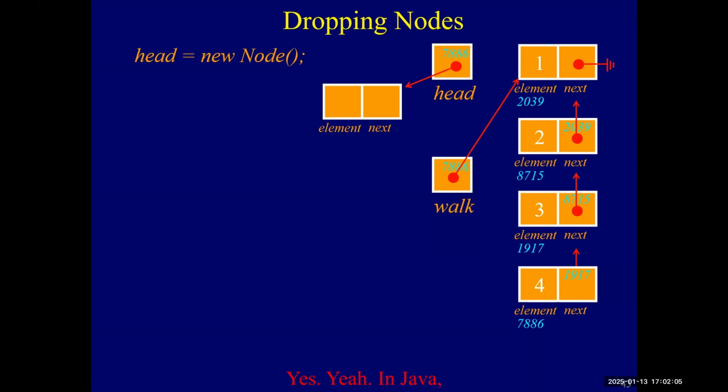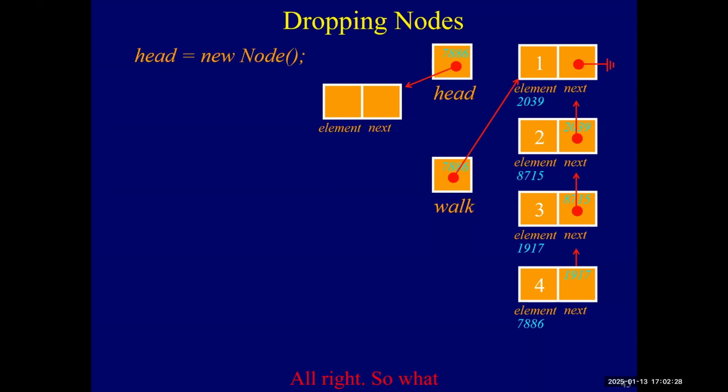In Java, you say node head, and now head is a pointer to a node. In other languages like C or Python, nobody's going to care.